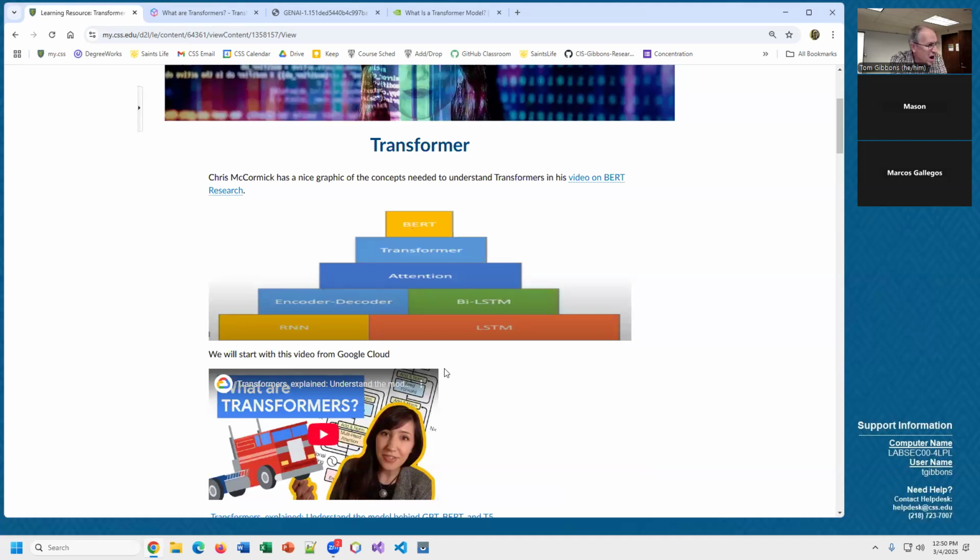Right now they are, but there are competing ones out there. When we looked at image generation, was that two weeks ago? And remember how those image generation models worked? We did diffusion models. We started with random noise, and we learned how to go from random noise to images.